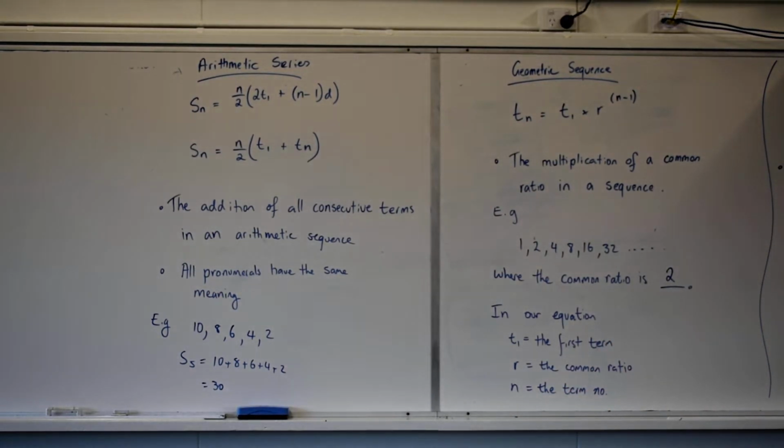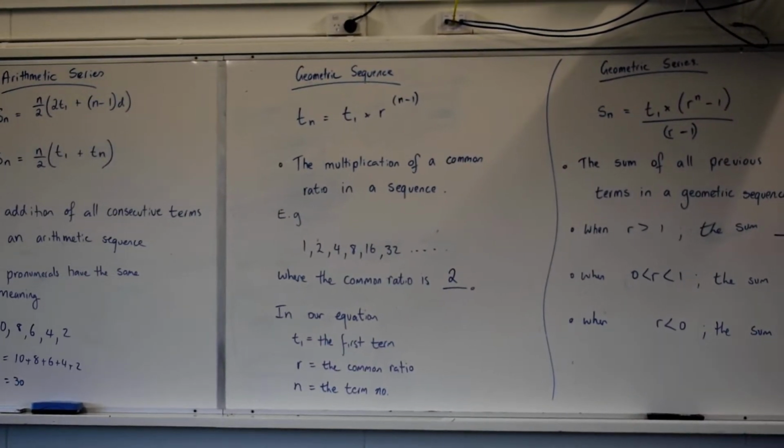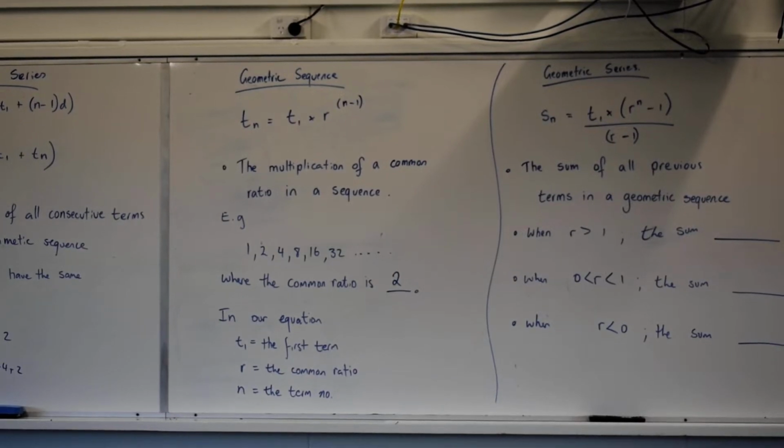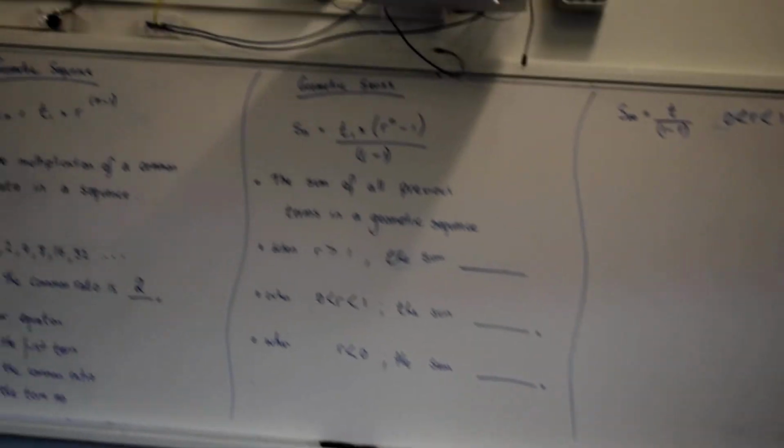It gets a little bit trickier when we start looking at the sum of a geometric sequence, or the geometric series. So all that is doing is exactly the same thing that we were doing before with our arithmetic series, but now we're looking at our geometric sequence instead of our arithmetic sequence.